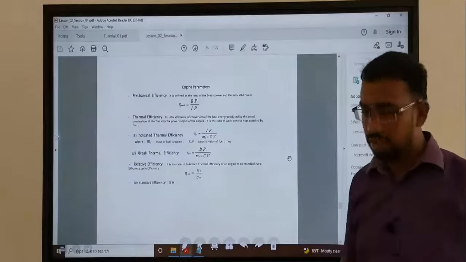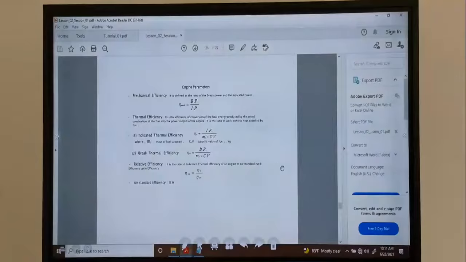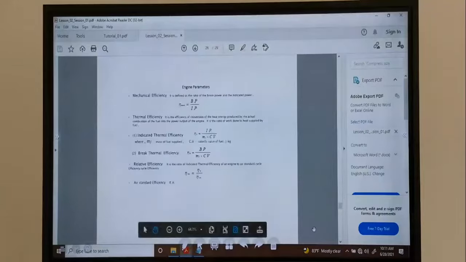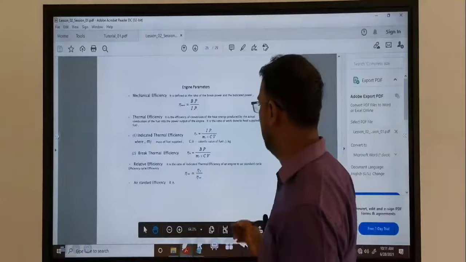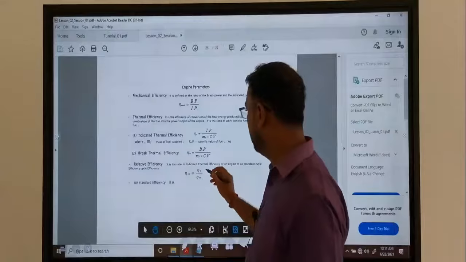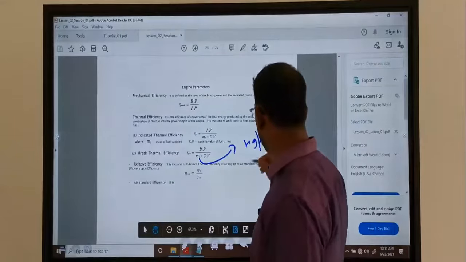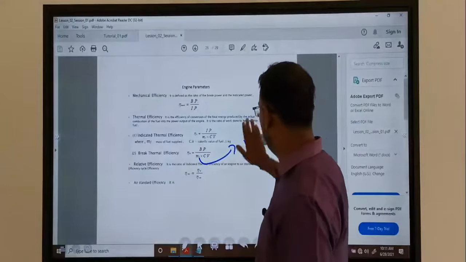Here MF is the mass of fuel consumed, normally in kilogram per hour.